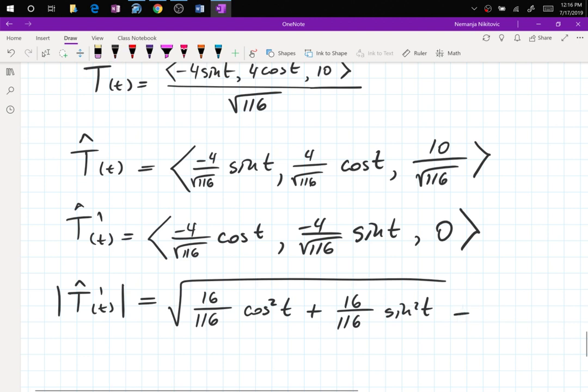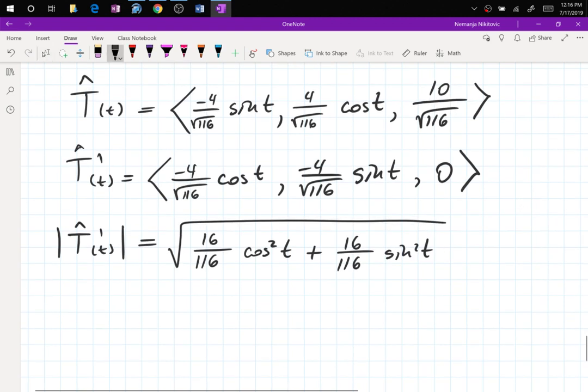I don't need it, so I'm just going to get rid of it. And when I factor out the 16 over 116, you get sine squared plus cosine squared, which is 1. So this turns into the square root of 16 over 116, which is 4 over square root of 116. Okay, we can leave it there.